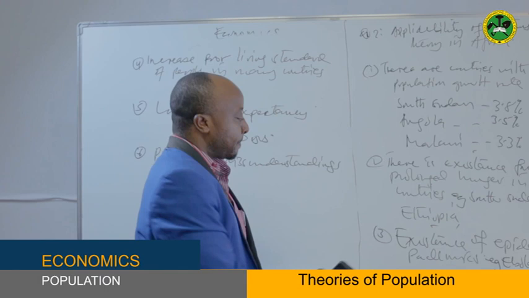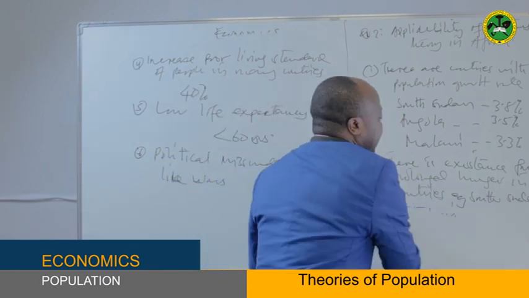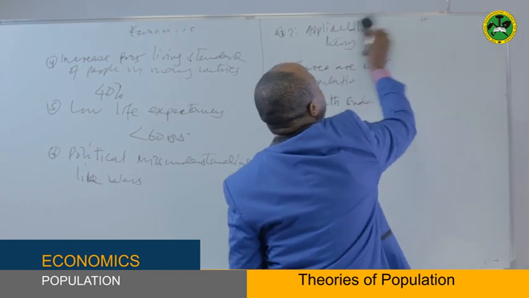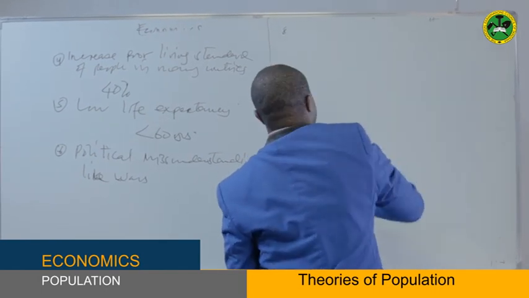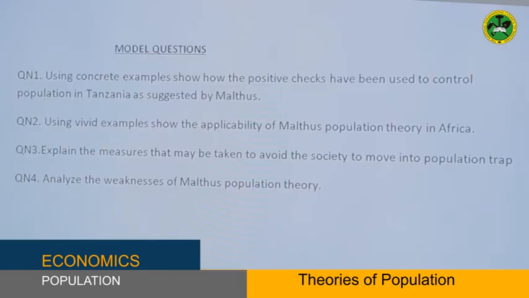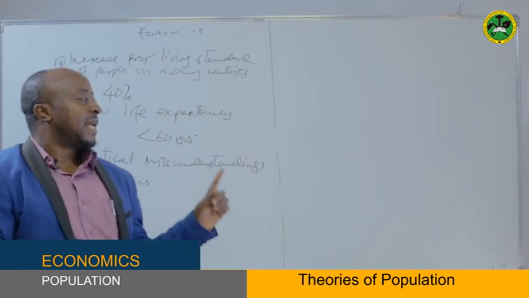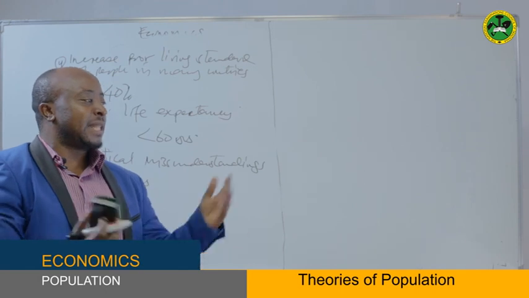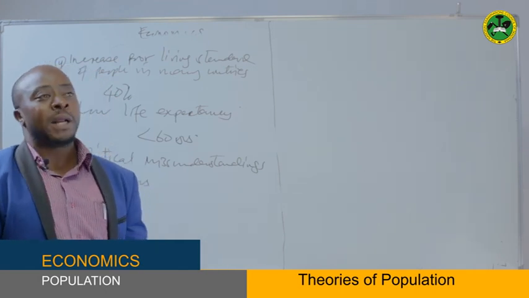Now, question number 3. You can again read from the board. It is asking, explain the measures that may be taken to avoid the society, or you can say the country, to move into population trap.